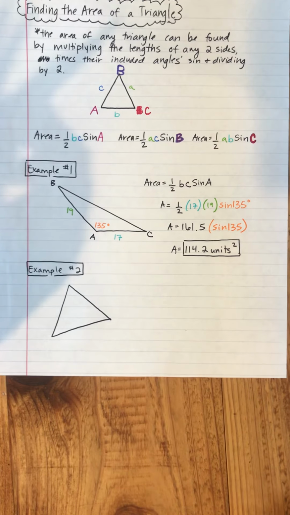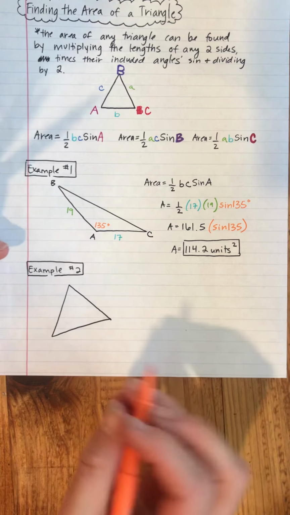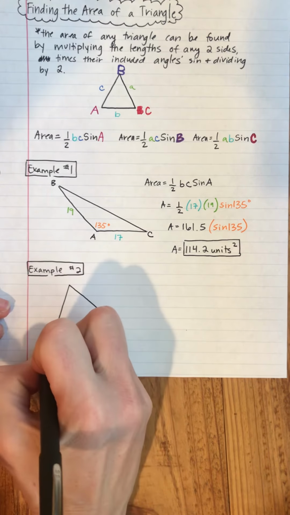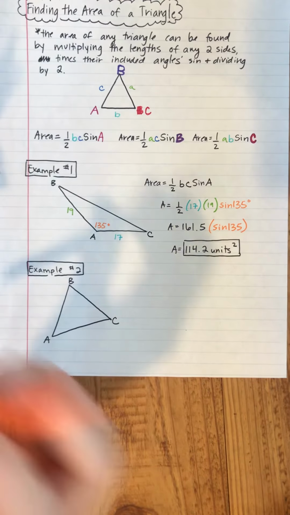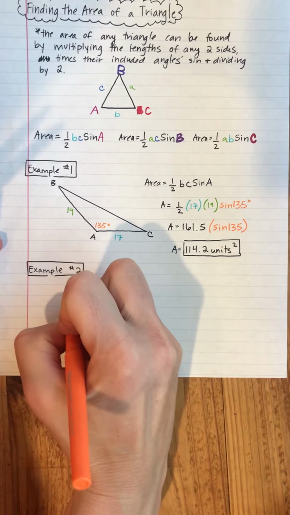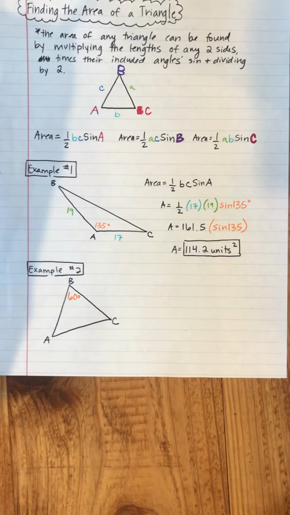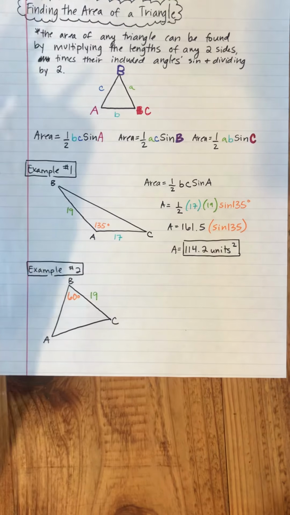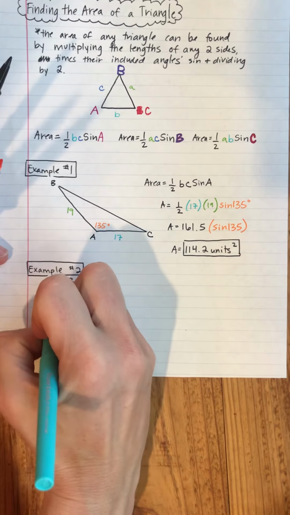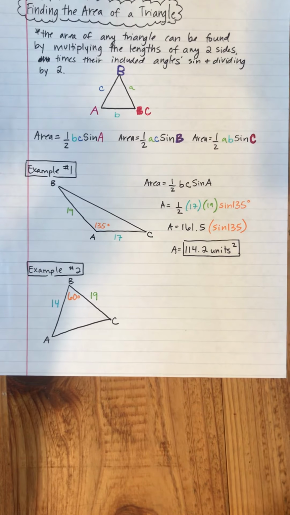Okay. So let's say my given angle here is the measure of angle B, and the measure of angle B is going to be 60 degrees. I'm given that A is 19 and C is going to be 14. All right, that's what I know.